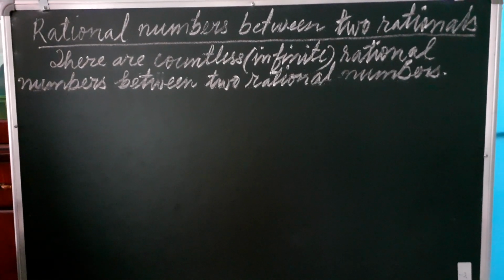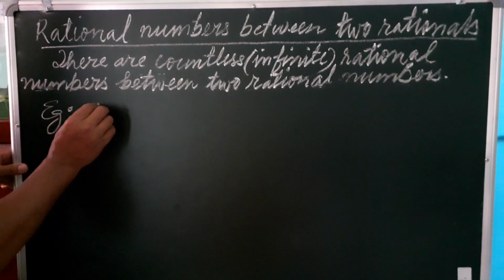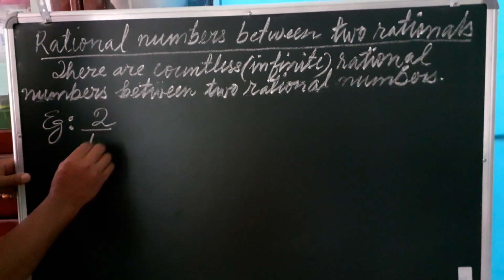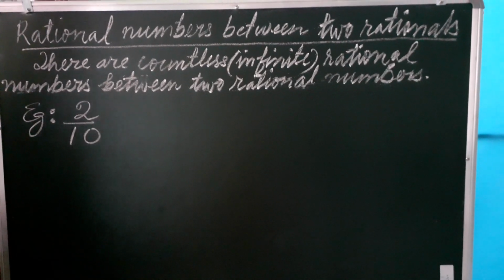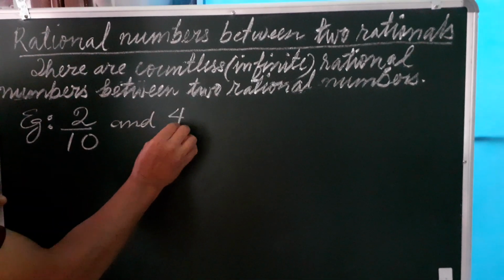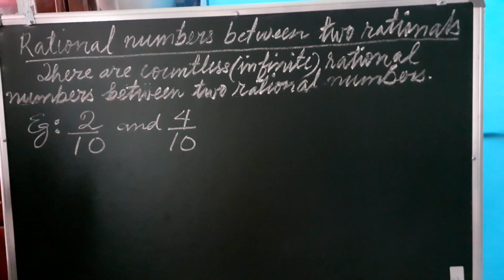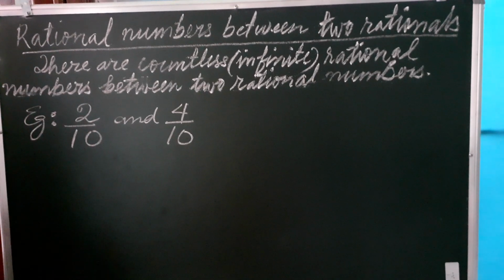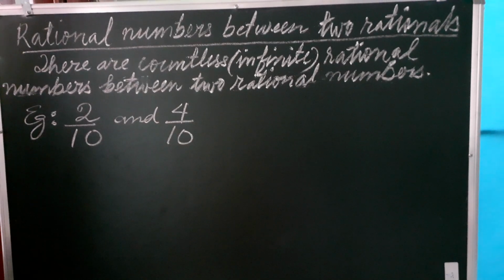For example, find a rational number between 2 by 10 and 4 by 10. How will you find rational numbers between these two rational numbers?